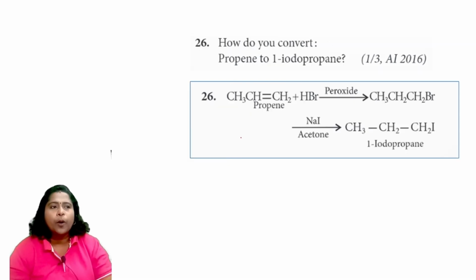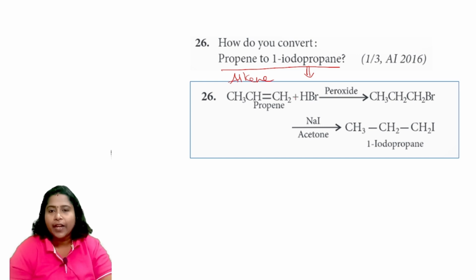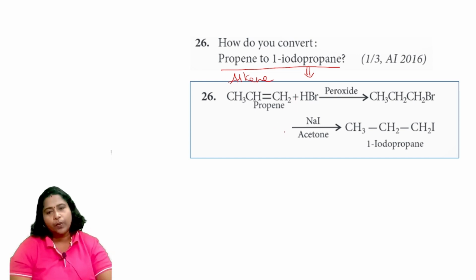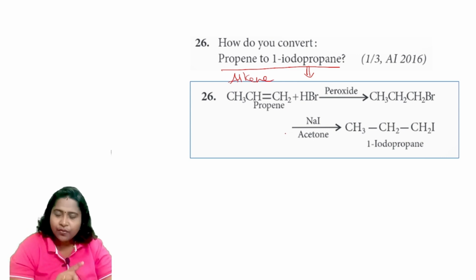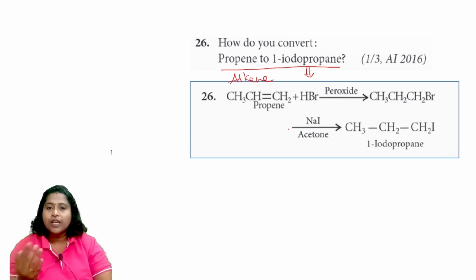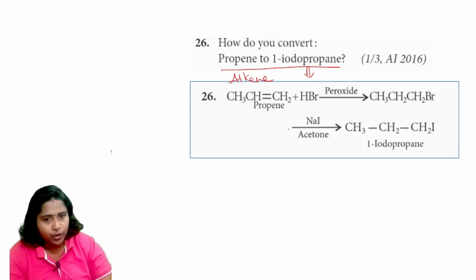Now see this one, propene to iodopropane. Here also it is converting an alkene to an alkyl iodide. Can I convert it directly? No, it's not possible. So the alkene first has to be converted into a haloalkane, either by using Markovnikov's rule or anti-Markovnikov's rule.